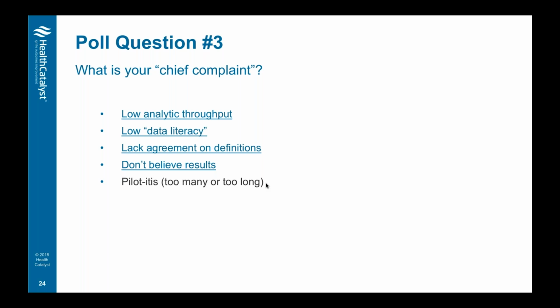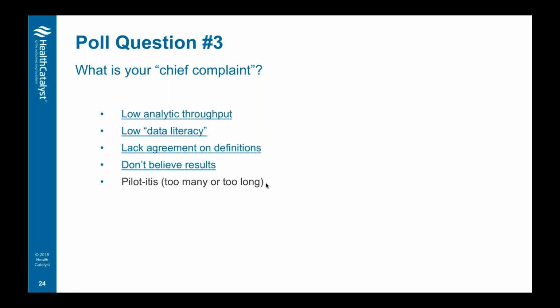I've known organizations that have had well over 100 pilots going in a specific area. What that's telling you is that there's definitely demand for some kind of improvement, or some kind of excitement out there. But if you have 100 of these things or more going on at the same time, trying to solve the same basic problem, it's almost impossible to learn.